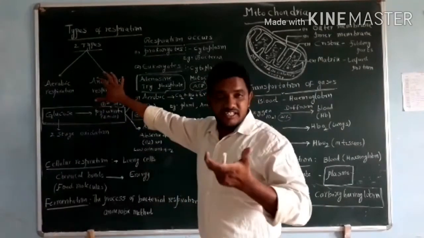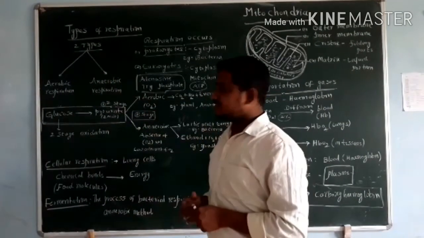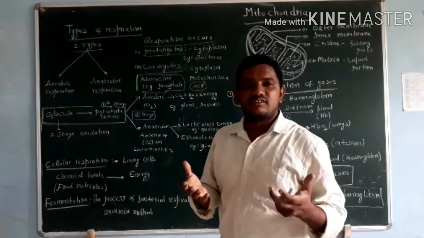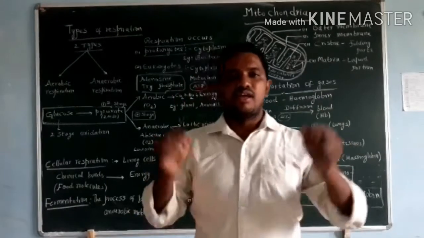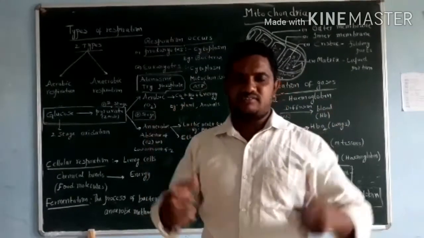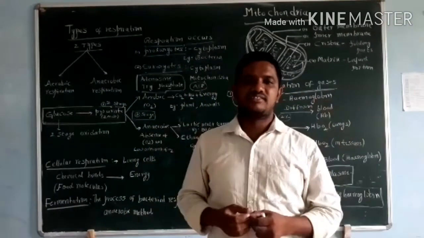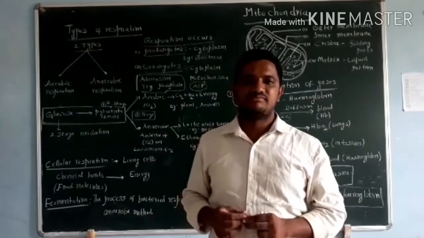What is aerobic respiration and what is anaerobic respiration? Let us see the definitions of aerobic and anaerobic respirations. Aerobic respiration means the respiration takes place in the presence of oxygen.